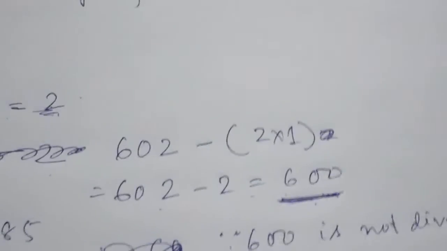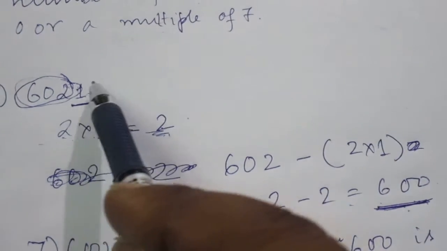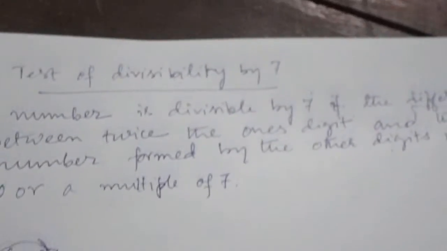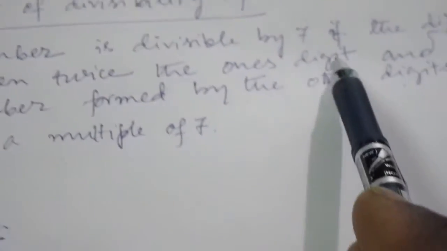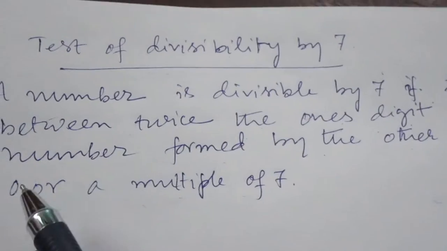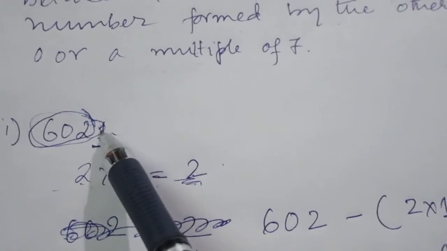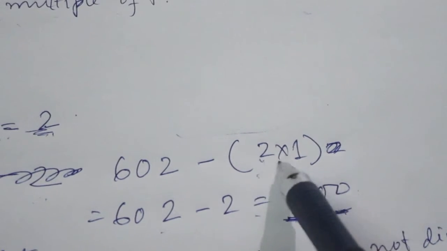Okay, so in this way you have to check whether the number 6021 is divisible by 7 or not. Here the condition says a number is divisible by 7 if the difference between twice the ones digit. Its ones digit is 1, so I have written here 2 into 1.